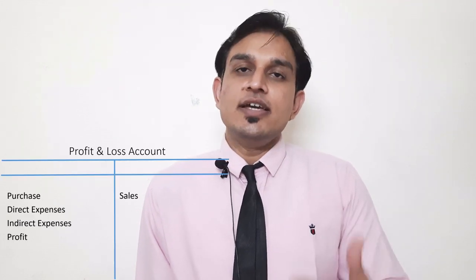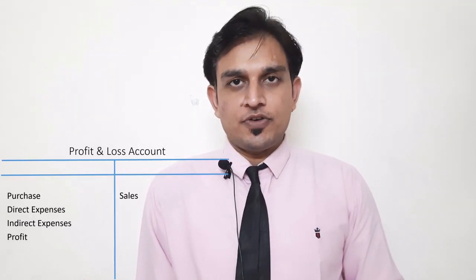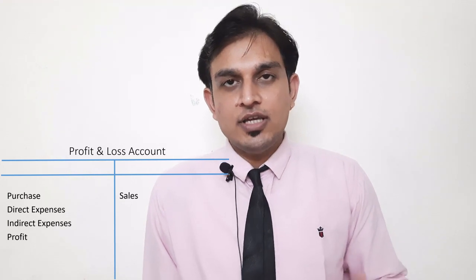So if we understand the equation, sales minus purchase cost minus direct cost minus indirect cost gives us the net profit. There are some more terms in the profit and loss account or income statement, that is cost of goods sold, the components of the direct expenses, and the indirect expenses, the depreciation, the tax, that we will discuss in a later video.